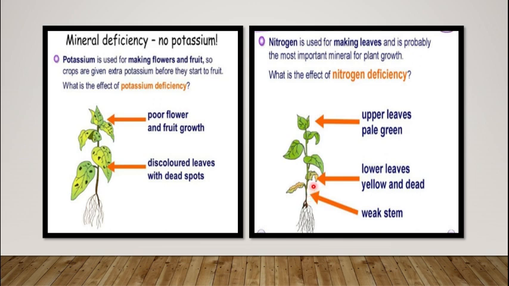Number 2, the lower leaves become yellow and then dead. And the upper leaves also start turning pale green. So nitrogen is very important for making the leaves and plant growth. If nitrogen is deficient, the observations are that the plant has a weak stem, lower leaves become yellow and even dead, and the upper leaves also start turning pale green.